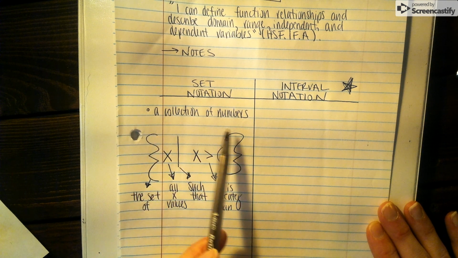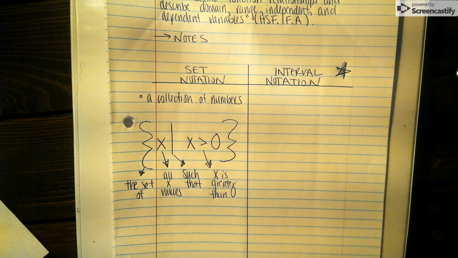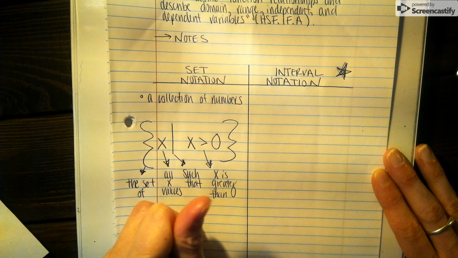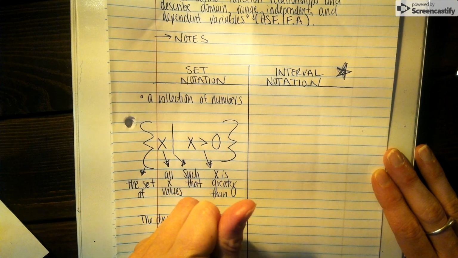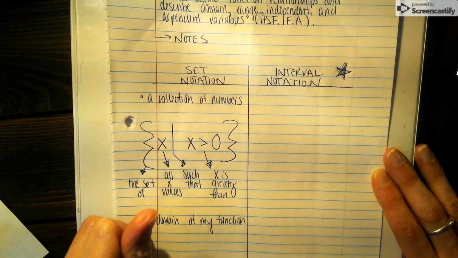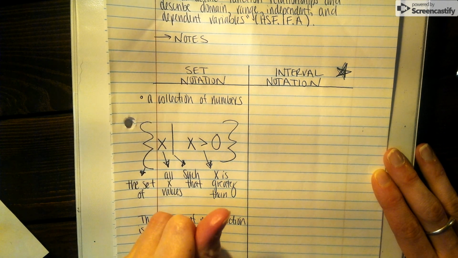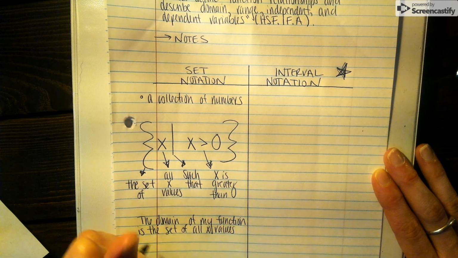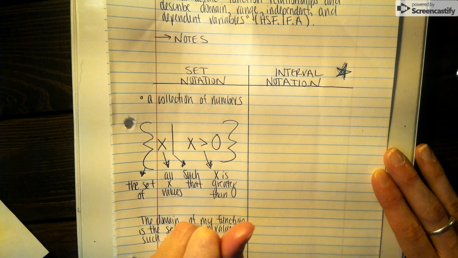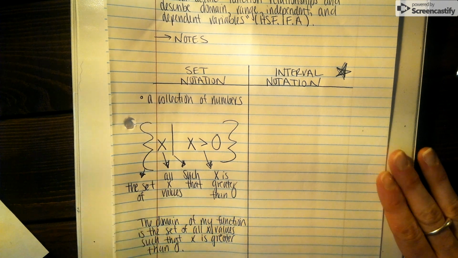If this is the way I write my domain in set notation, what this means, in a full sentence, is the domain of my function, and then I basically write what I wrote up here: is the set of all x values such that x is greater than 0.